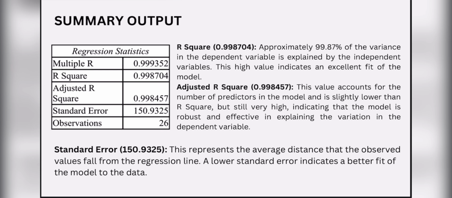We have the first regression statistics, which include multiple R, R square, adjusted R square, and standard error, with 26 observations.